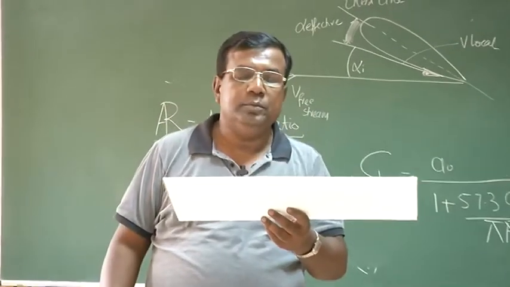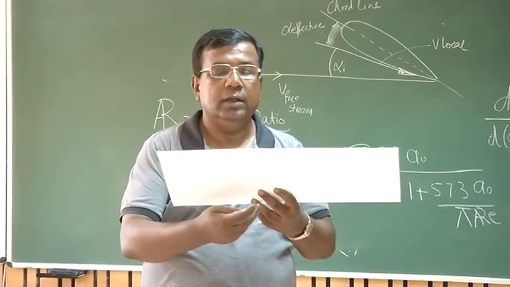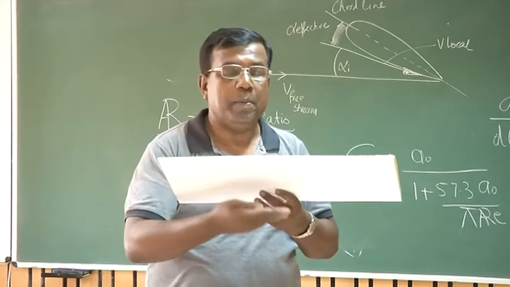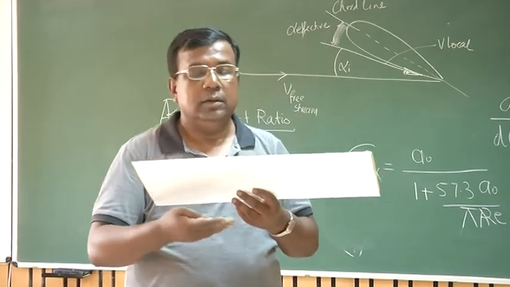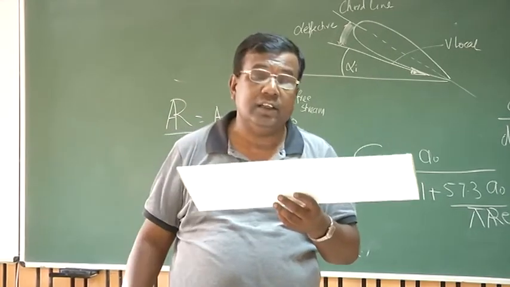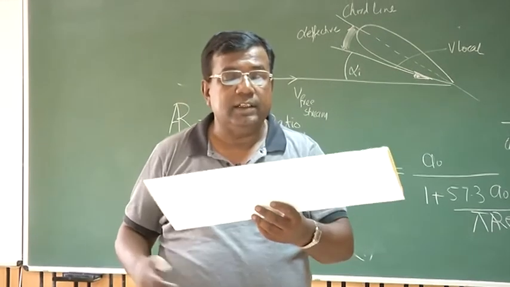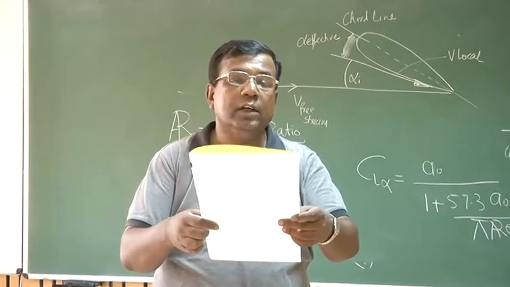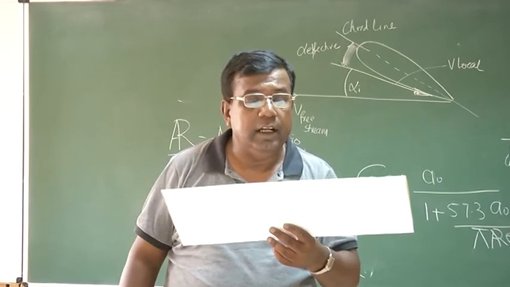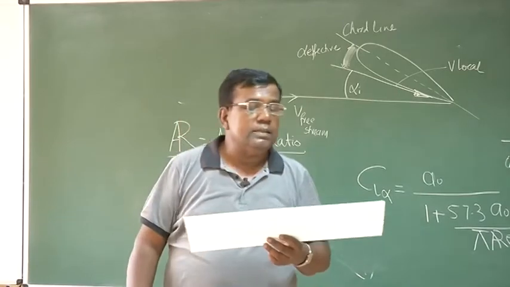If this is the plate and I'm flying like this, as per George Cayley, the lift will be generated because there is an angle between the velocity vector and this surface, and the lift depends upon the reaction, which depends upon velocity, area, the density, etc. If it depends upon area, then whether it goes like this or like this, they should be the same, but they are not the same. We know that for generating lift, I should fly like this.